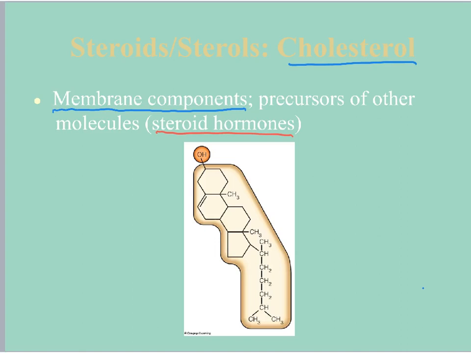I'm not too concerned that you know the shape of sterols, but on here you can see that a sterol is made of several ring-like structures, and then also a chain hanging off the side, and also there's a hydroxyl group there. I'd be more concerned that you know where we find the cholesterols, the sterols.